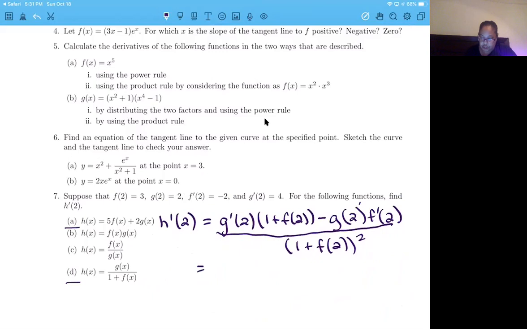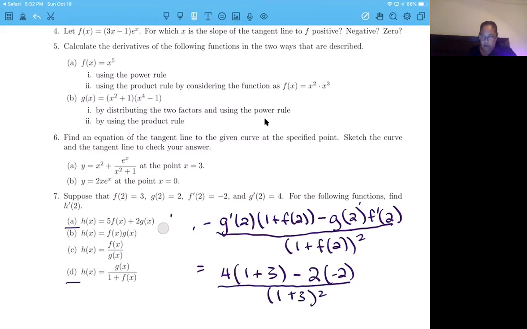All right, so g prime of 2 is 4. 1 plus f of 2 is 3, minus g of 2 is 2, f prime of 2 is negative 2, over 1 plus f of 2 squared.